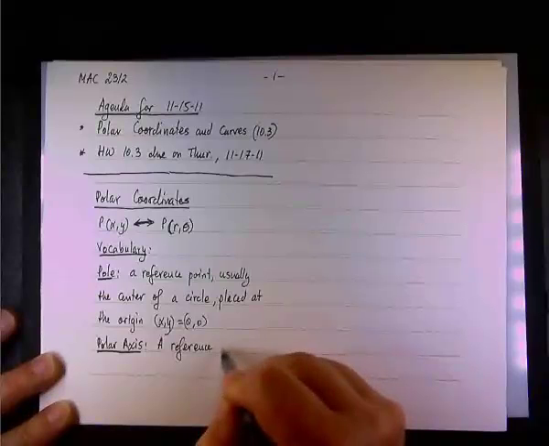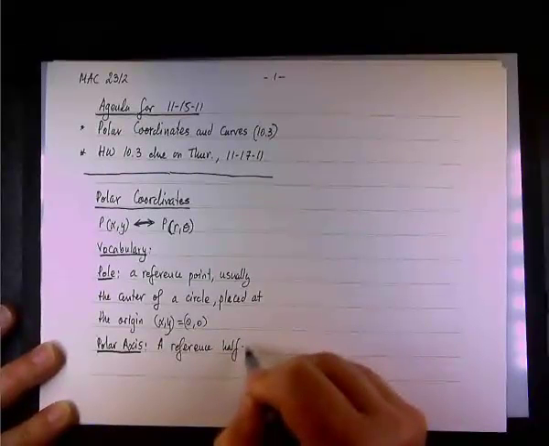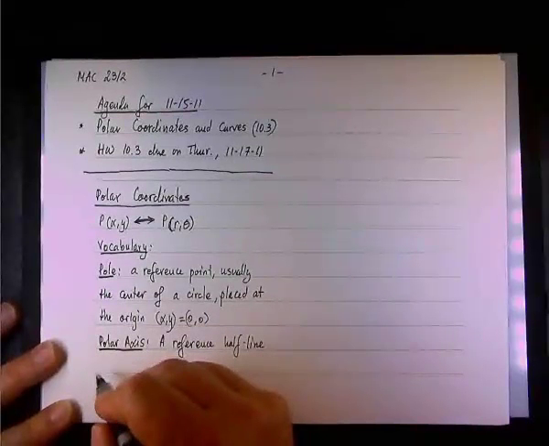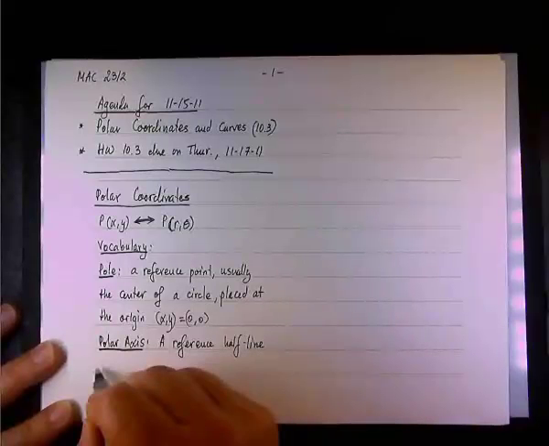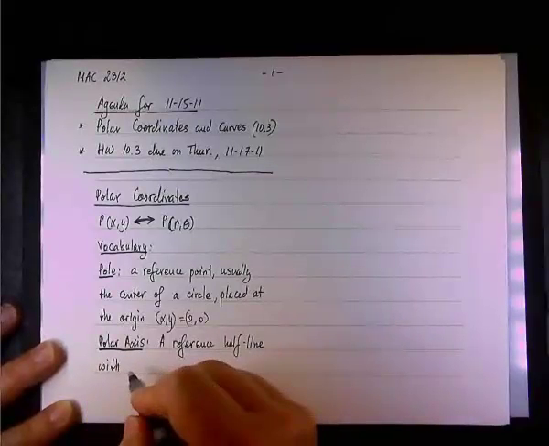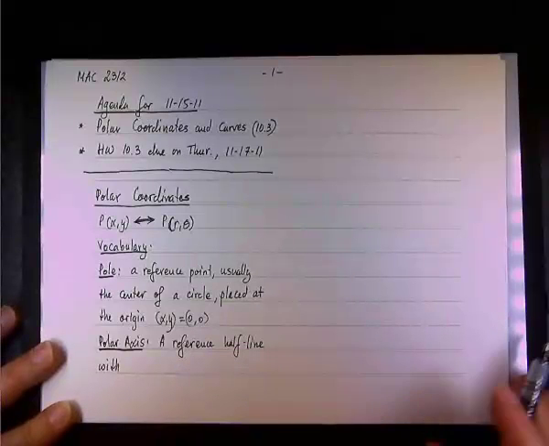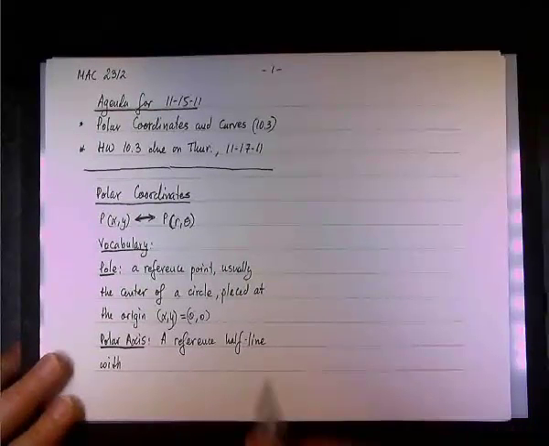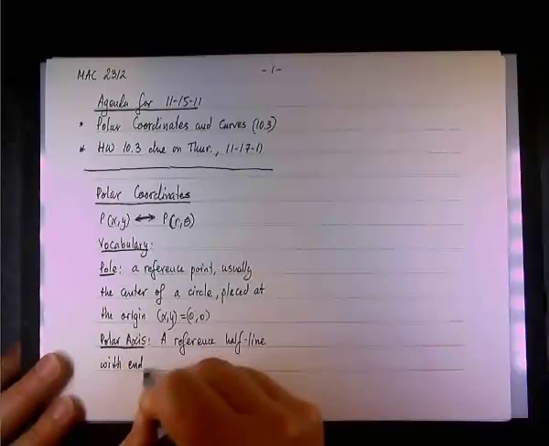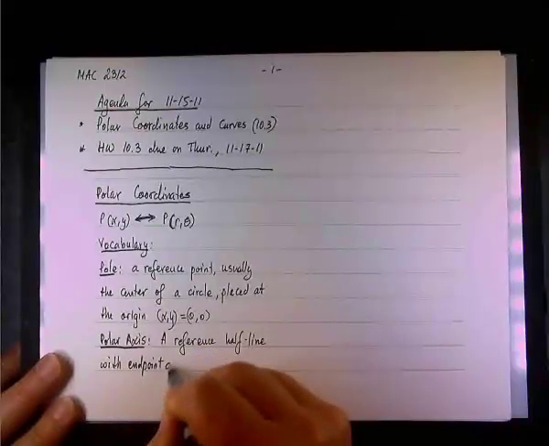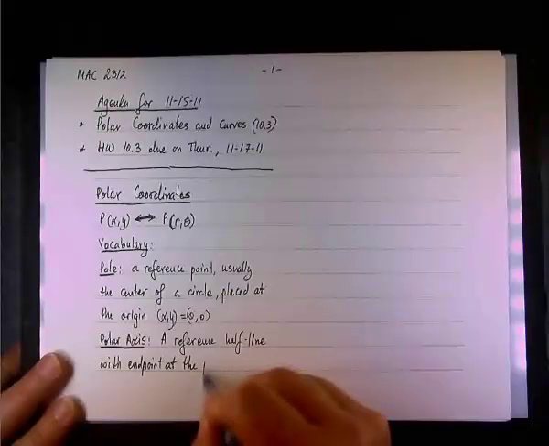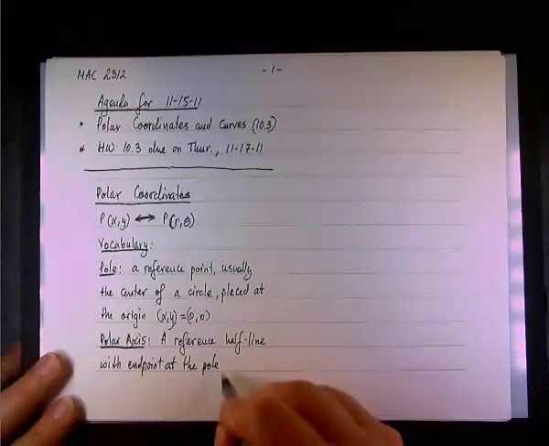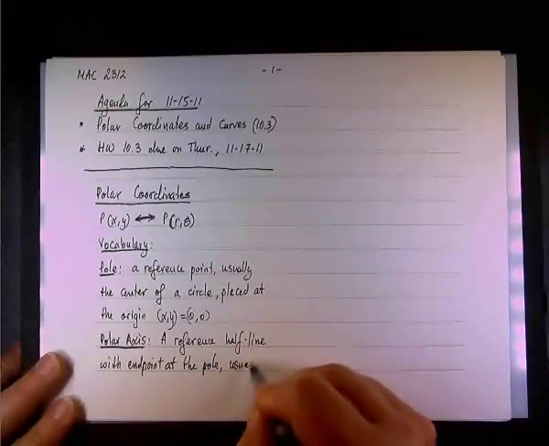This will be a reference half line with the endpoint at the pole, and usually it coincides with the positive half of the x-axis.